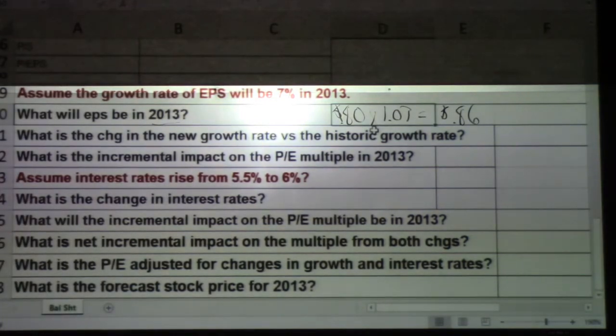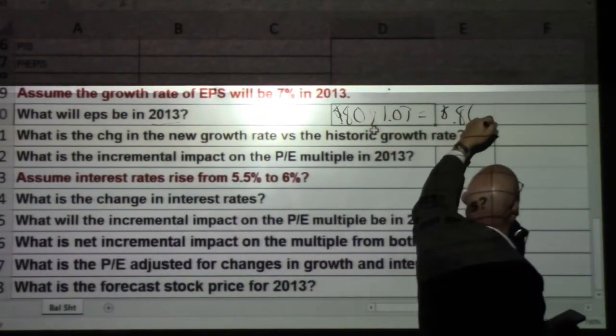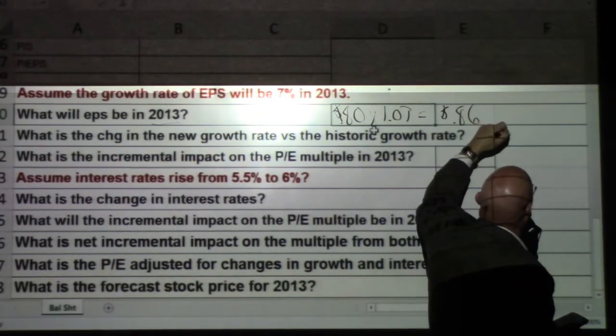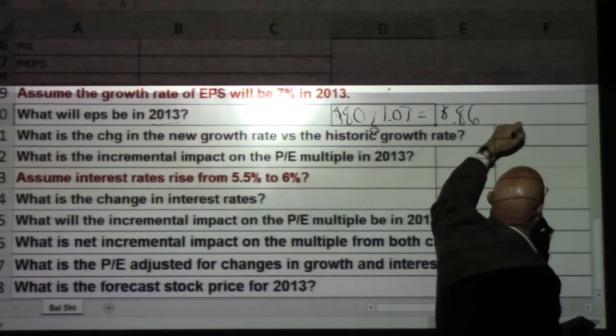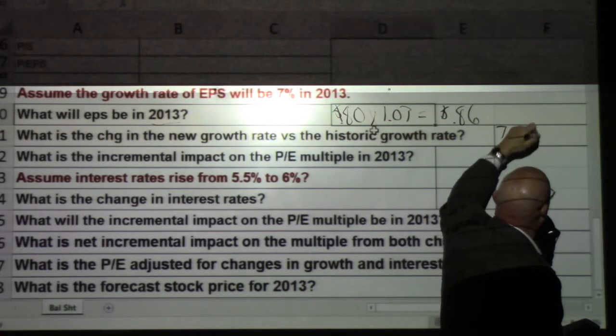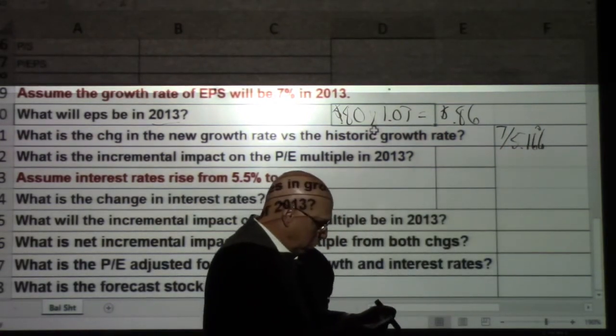All right, now let's compute the change in the growth rate. We've got the new growth rate of 7% divided by the old growth rate, and forgive me if I'm off a little bit, 5.16%. I believe that was what it was. And so 7 divided by 5.16.